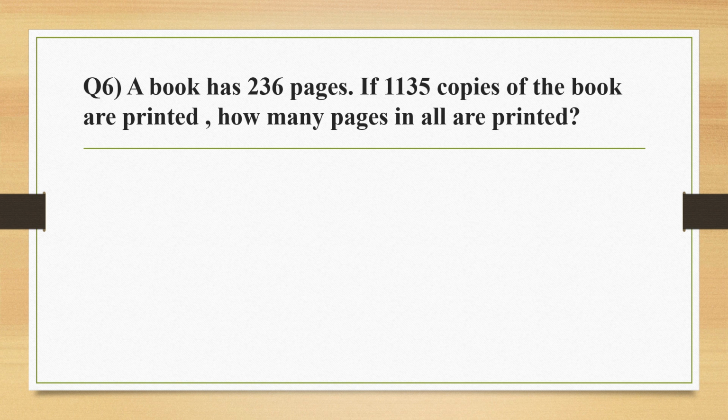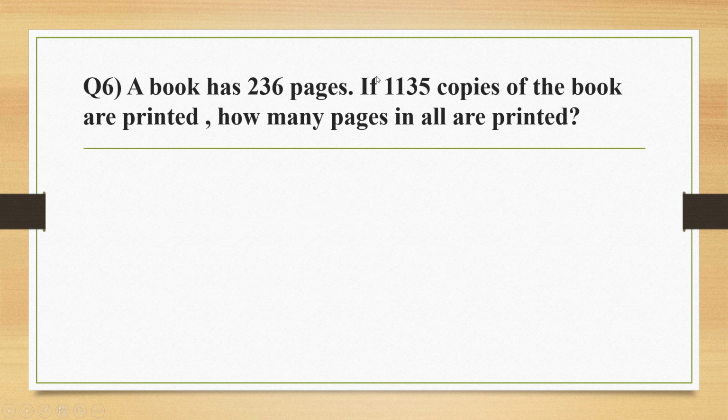A book has 236 pages. If 1,135 copies of the book are printed, how many pages in all are printed? See, we must find out the number of pages in 1,135 copies.